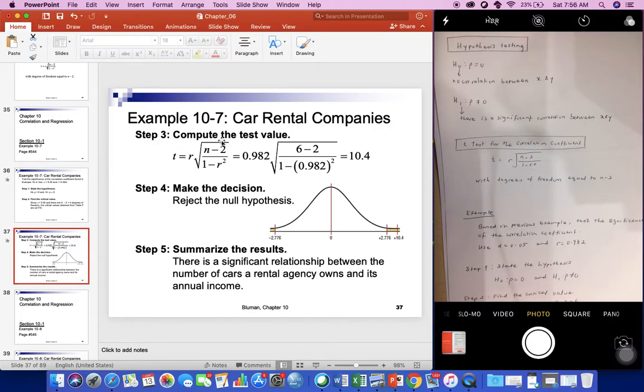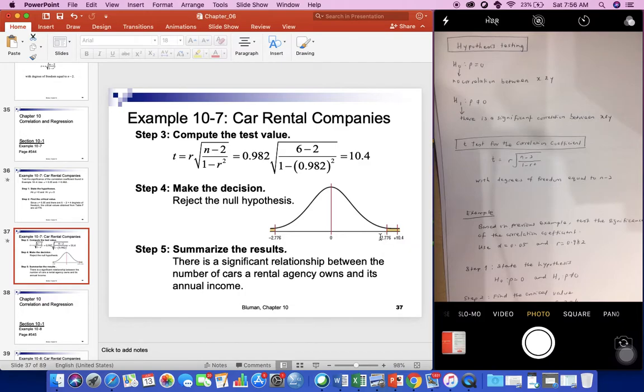Then compute the test value. The test value t is equal to R, 0.982, and n is 6, so n minus 2 is 4. We will get the answer for t as 10.4. Now make the decision. Draw your distribution.